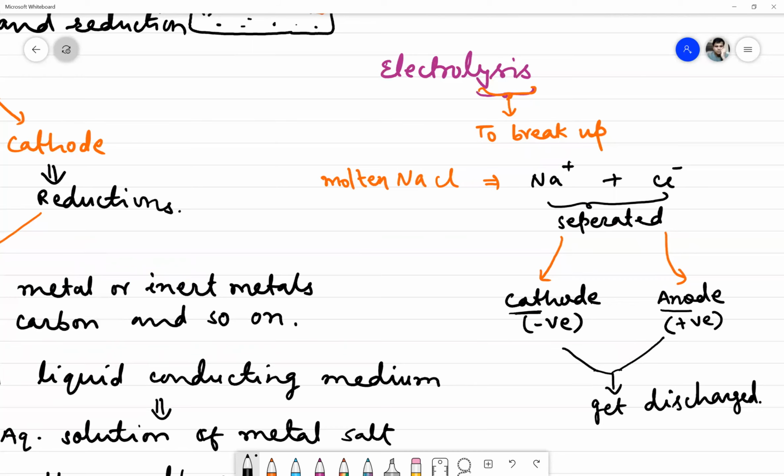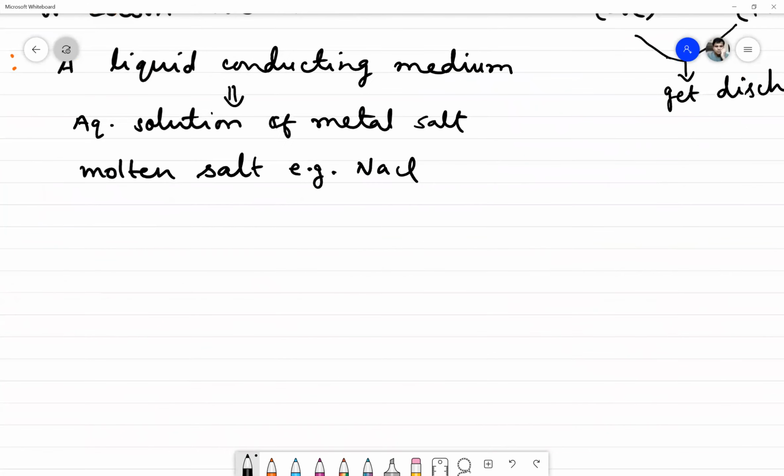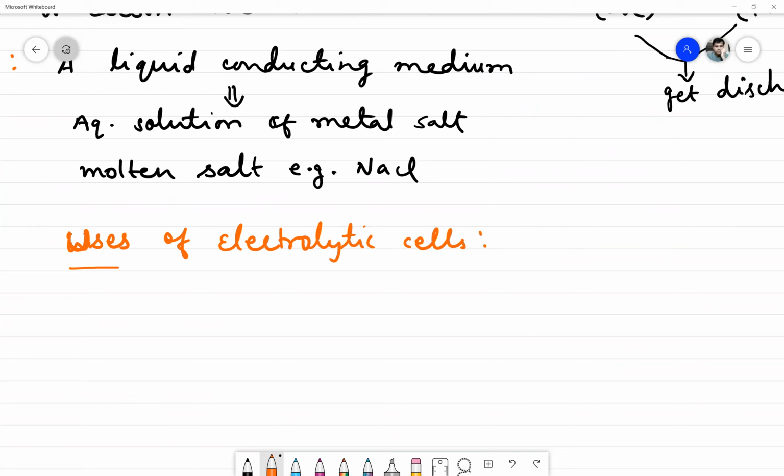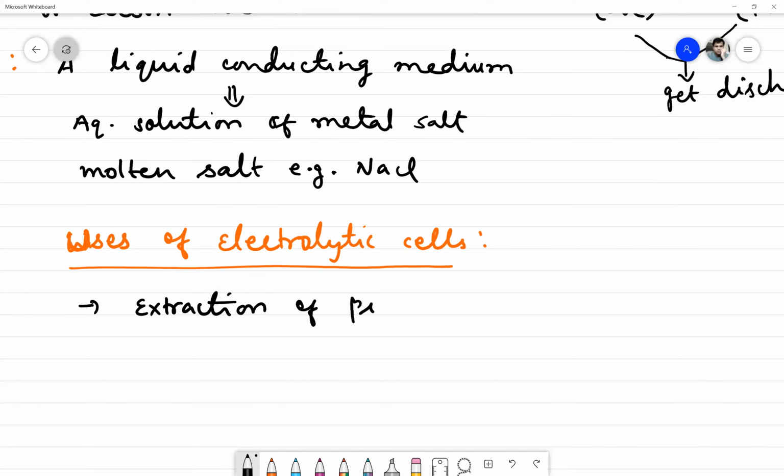These electrolytic cells are mainly used for the extraction of pure metals from impure metals.